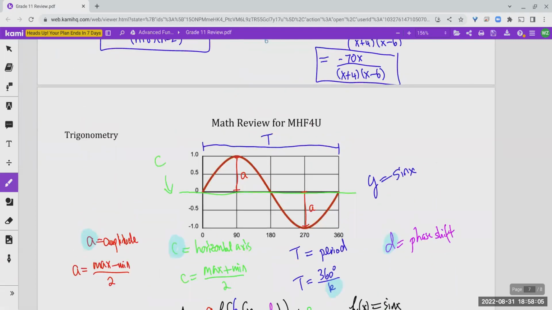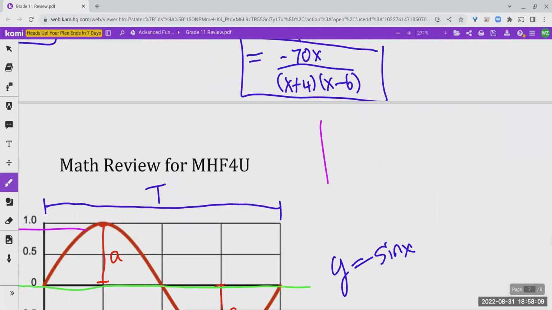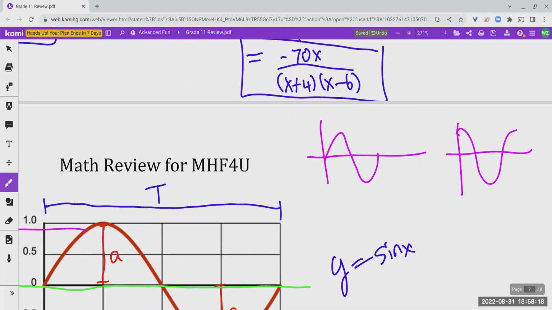To remind you, here is a sine graph. Here is a cos graph. I'm not going to bother labeling the numbers, but notice the sine graph starts on the horizontal axis, in this case 0. It starts in the middle of the graph. The cosine graph starts at the maximum.